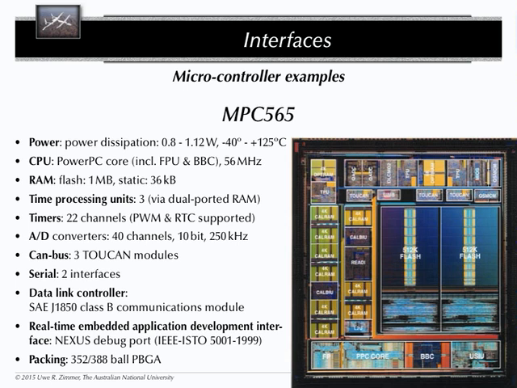You can task them to do specific time-oriented, hence time processing unit, jobs on the I/O lines, which you would otherwise need to do through your main CPU, and multiplex your main CPU with interrupt controllers to handle multiple I/O lines. Here you have 3 time processing units which can do that for you.